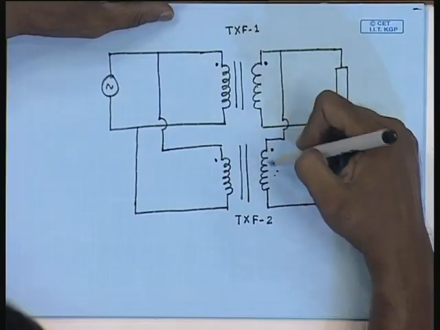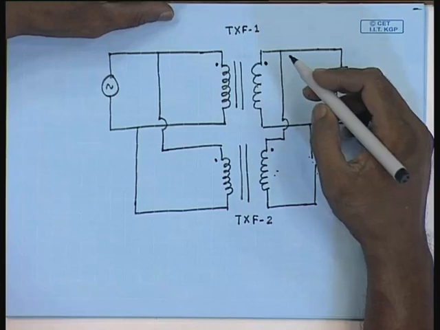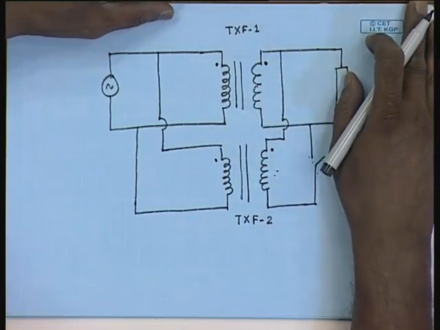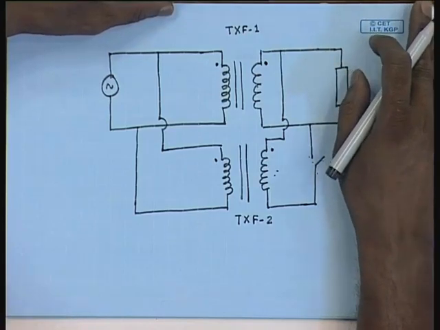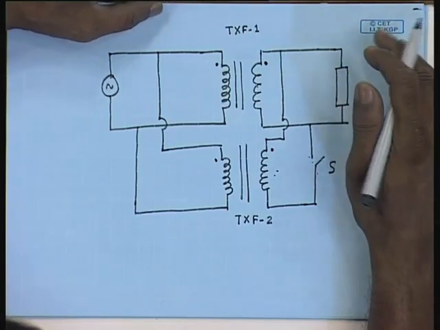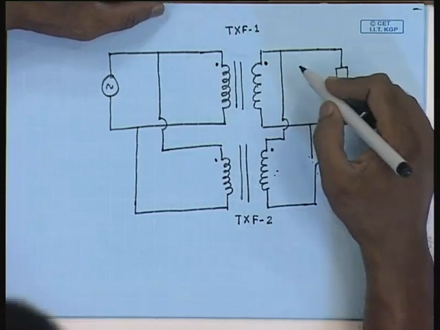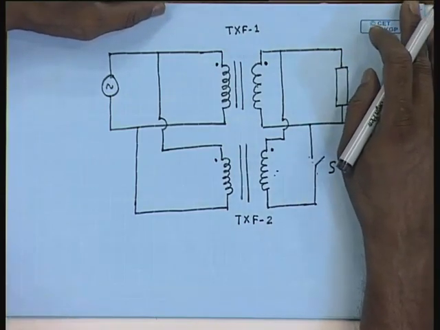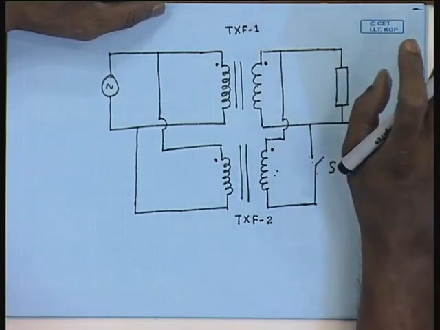So even at no load, a very large current can flow if the no load voltages of the two transformers are very different. So the transformers to be connected in parallel should have the correct instantaneous polarity terminals connected together, and their no load voltages should be very close, if not exactly equal.